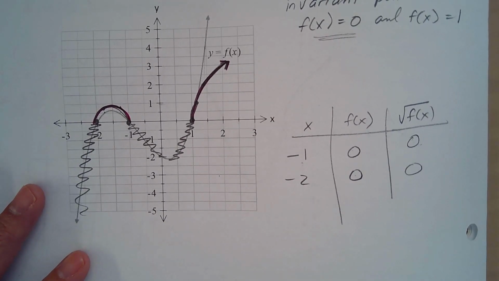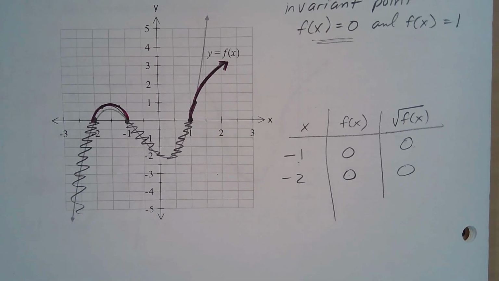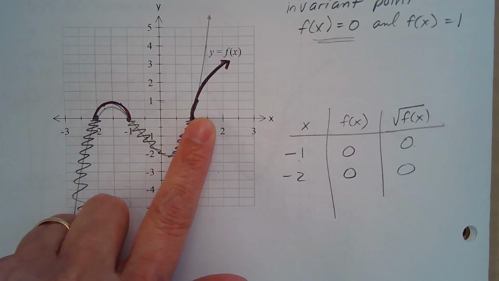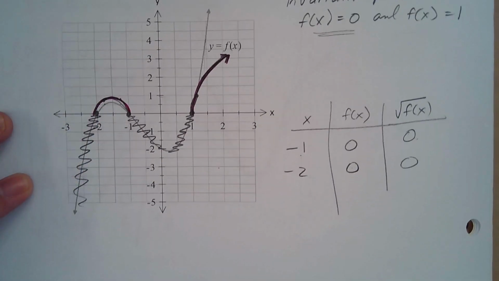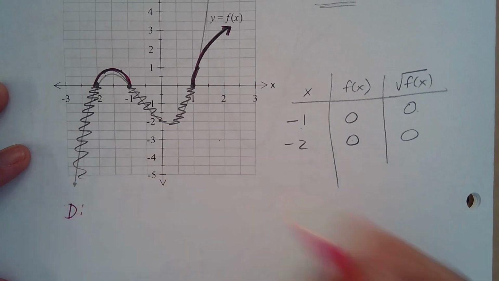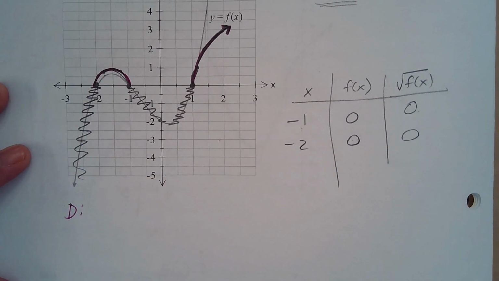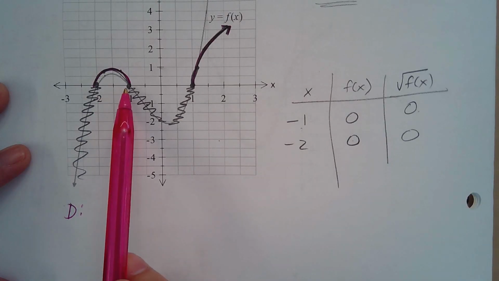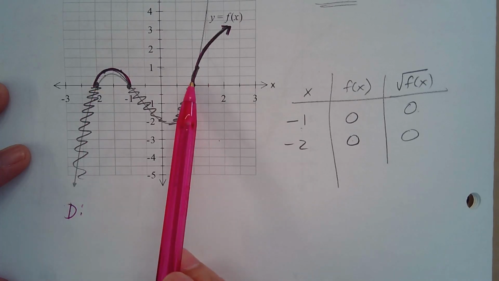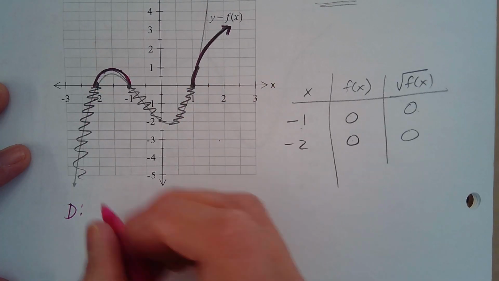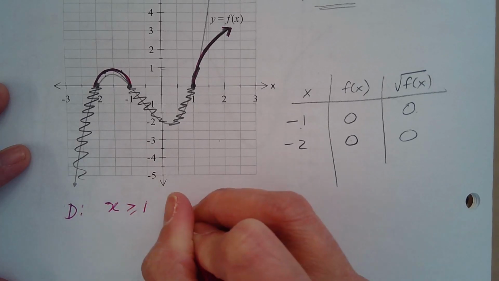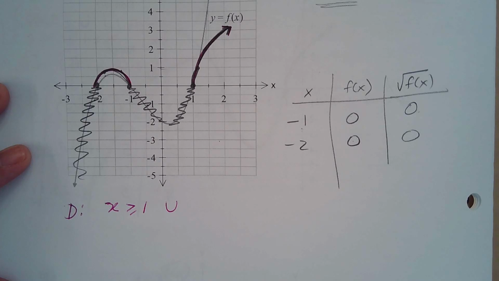State the domain and range. Okay, what's the domain? As you can see, the domain has a break, right? There's a break. So what's the domain in here? The domain is x such that x is greater than or equal to 1, union the other one.